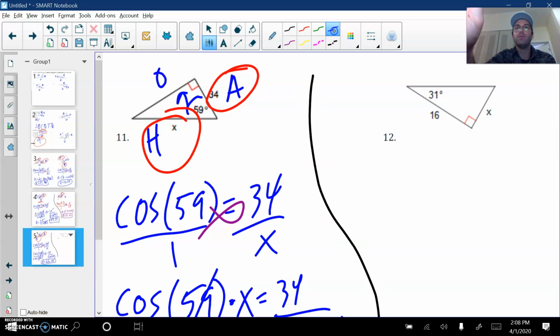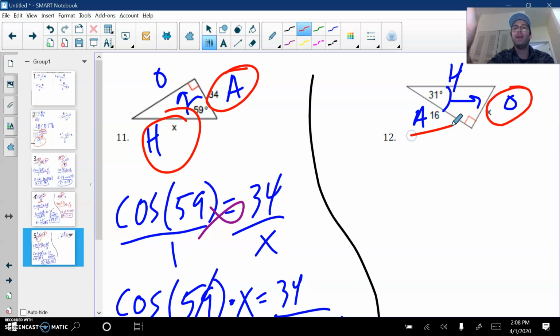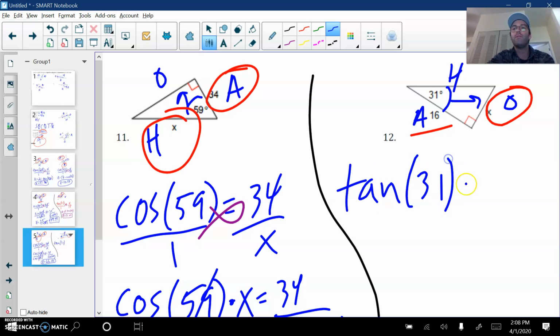Here we go. All right, so 31, we got O, A, H. O and A means tangent. So I'm going to go tangent of 31 equals O, which is X, over A, which is 16.